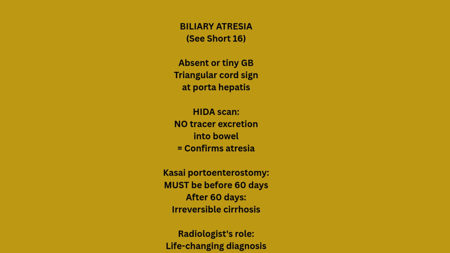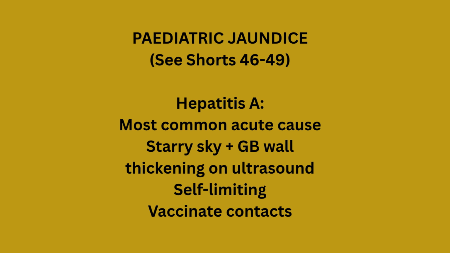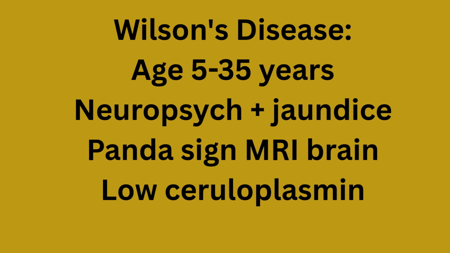Pediatric age groups. Hepatitis A is the most common acute cause. Starry sky appearance and GB wall thickening on ultrasound. Self-limiting, vaccinate contacts. Wilson's disease, age 5 to 34 years, neuropsychiatric symptoms plus jaundice.